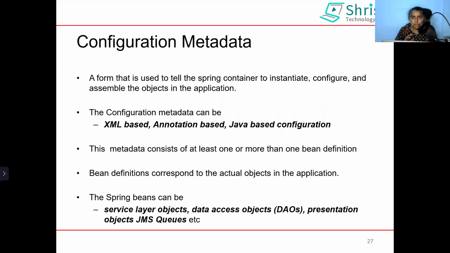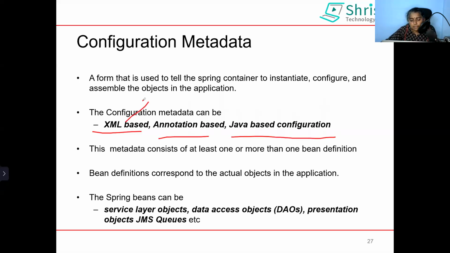Similarly, Spring Framework has to know what all the classes are in your application, what all the packages are in the application, and which class depends on which class. All this information should be available. So for that, Spring Framework uses configuration metadata. The configuration metadata can be in the form of XML, annotation-based, and Java-based configuration. What is XML?